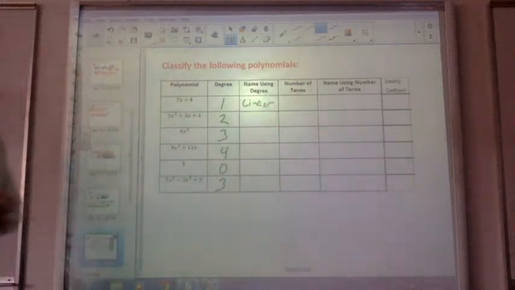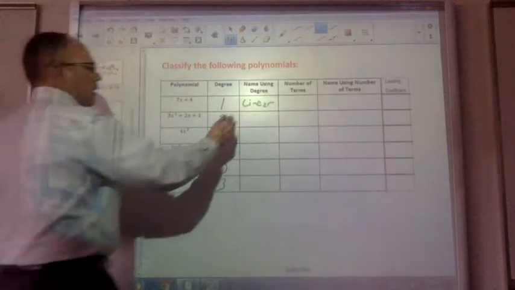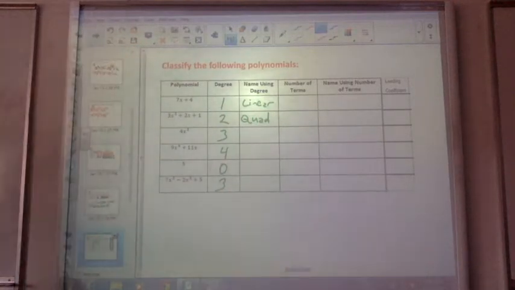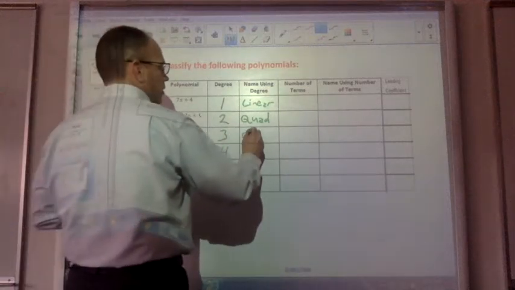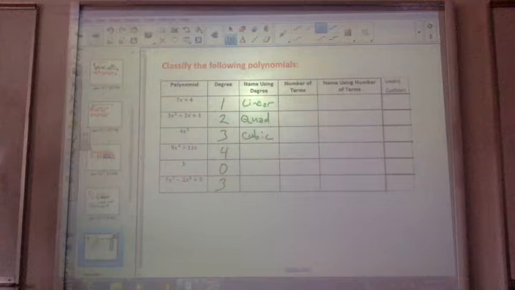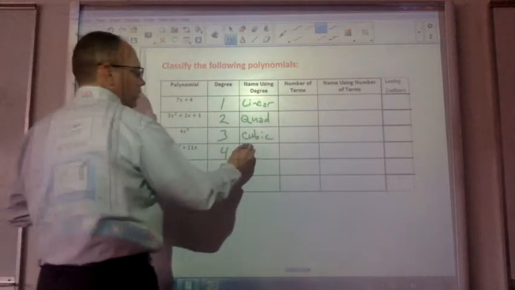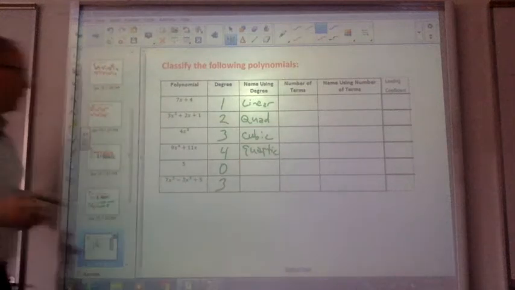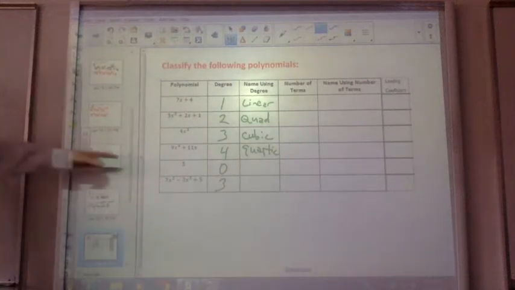The second one, quadratic. I'm just going to call it quad. Is that okay? The third one, cubic. It's to the third, right? Next one, quartic. What's this one?